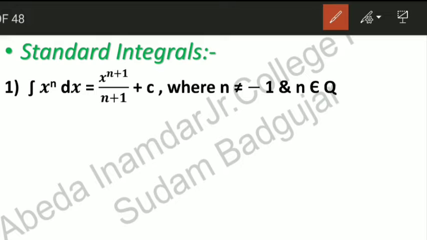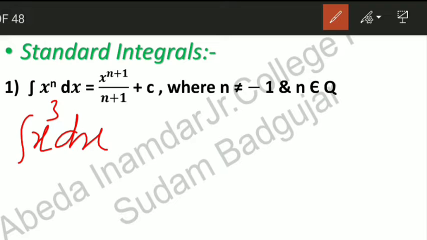Okay. For example, the integration of x cube. Here do not read it this way, integration of x cube dx or integration of x raised to n dx. You have to say integration of x raised to n, that is it. But while writing, you must write the symbol dx also, function and dx.